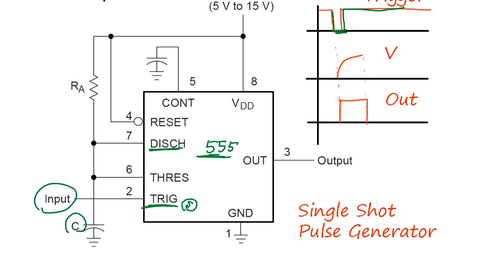Okay, and the threshold is this voltage V, the charged voltage of the capacitor, and the capacitor is charged through this.